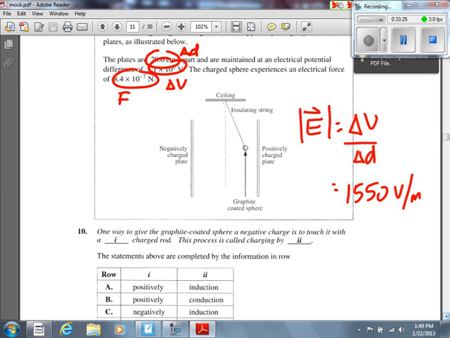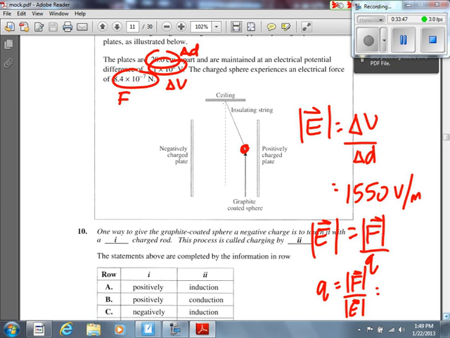Yeah, E is equal to F over Q. Remember, this is the equation that's always valid with electric fields, the experiencer equation, as long as I have an experiencer. And I do here. I've got a graphite-coated sphere that's the experiencer. I want to find the charge. Let's just rearrange this equation. It's F over E. I'm given the force, and I now have the electric field. So I solve for the charge here.